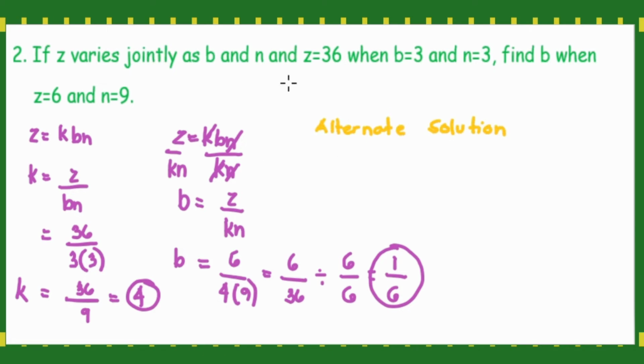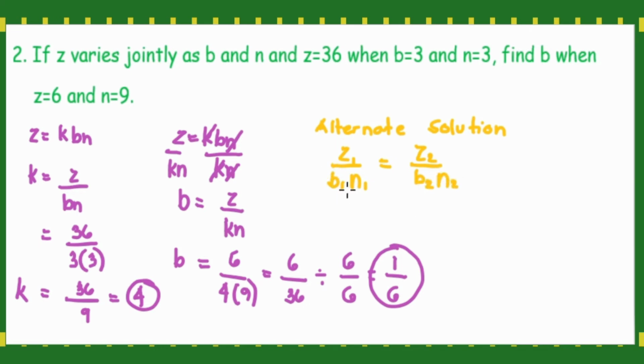So, z varies jointly as b and n. So, z sub 1 over b sub 1 and n sub 1 is equal to z sub 2 over b sub 2 n sub 2.